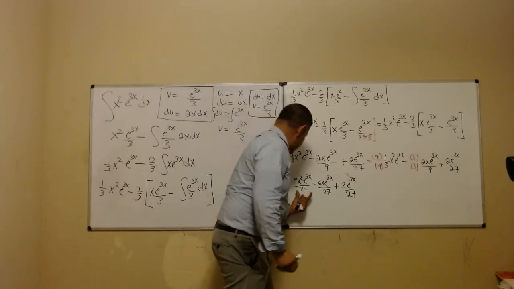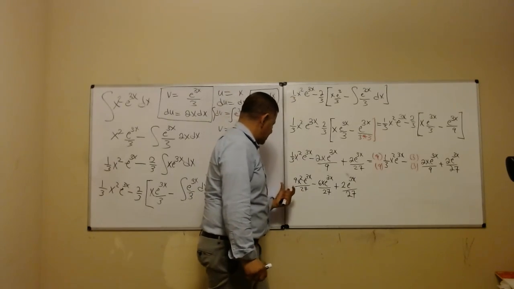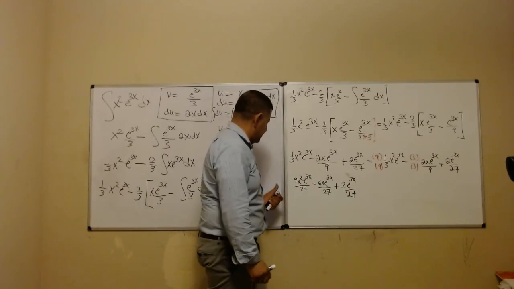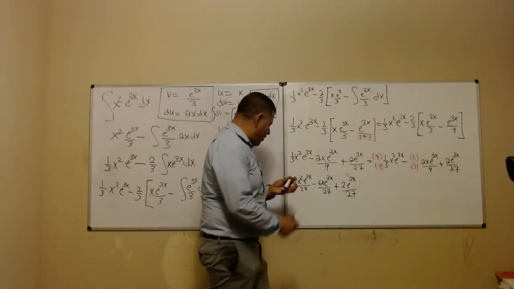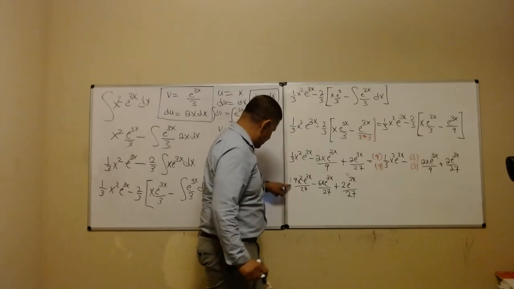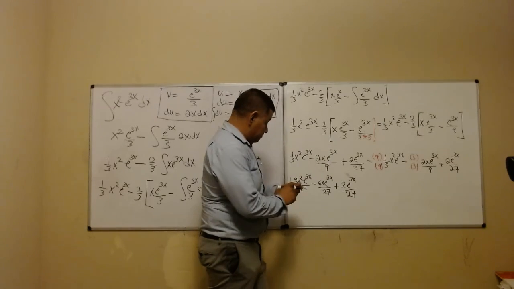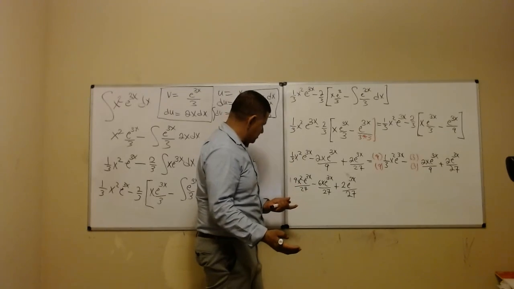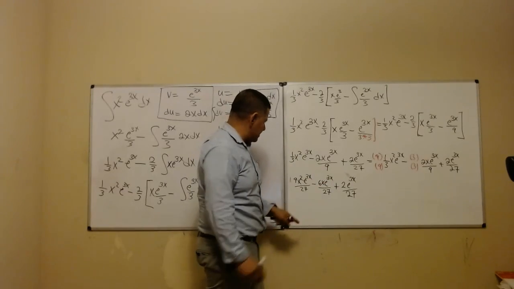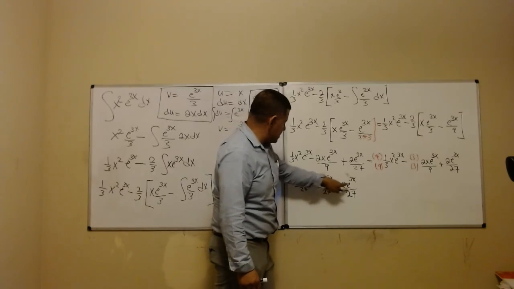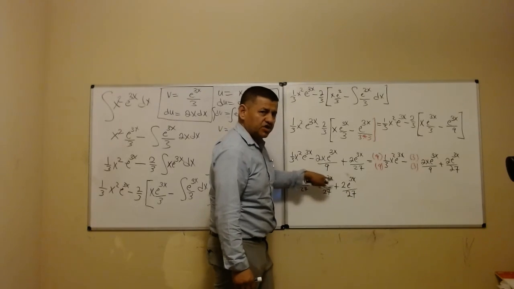Now look at this. Here I can factor out, right? I can factor out 1 over 27, right? But also I want to look at what else I have in common. What else do I have in common? I got an e to the third x in every single term.